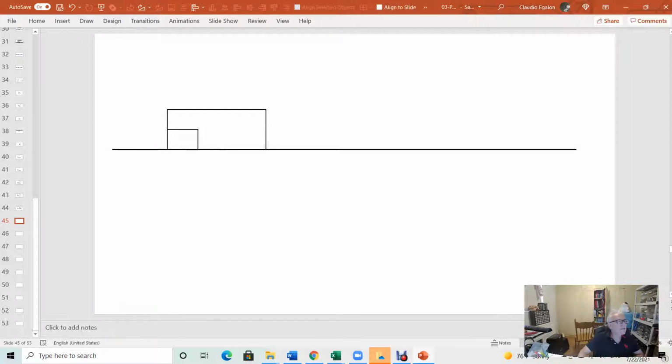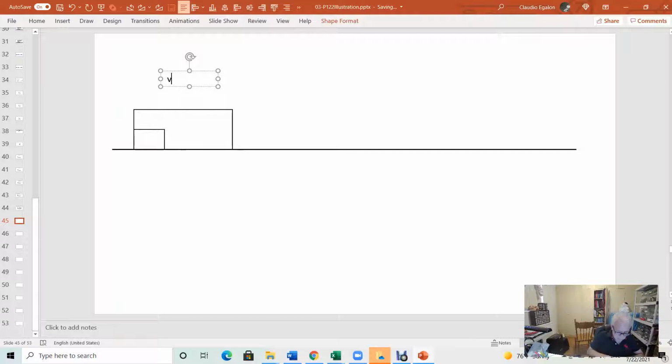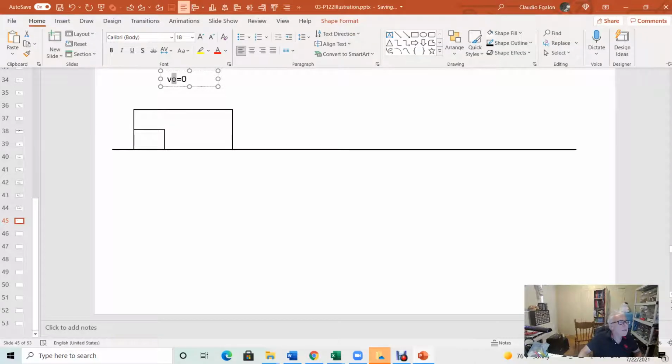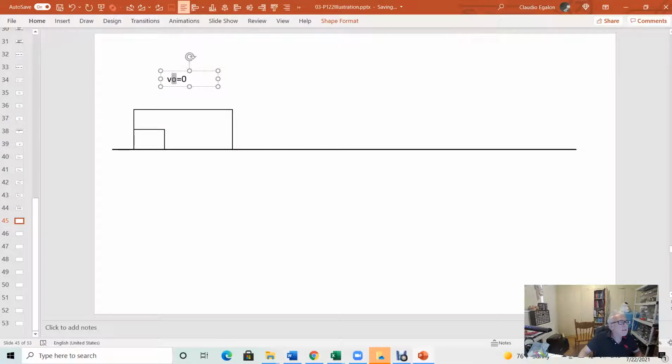The car is initially at rest, so the initial velocity V naught is 0. Later on, after it moved a given distance, you have a final velocity of 10 meters per second.